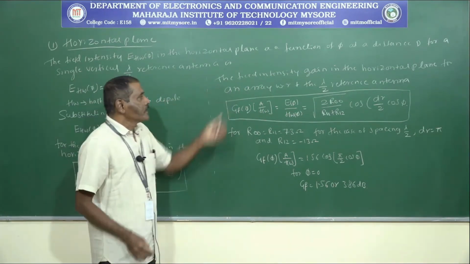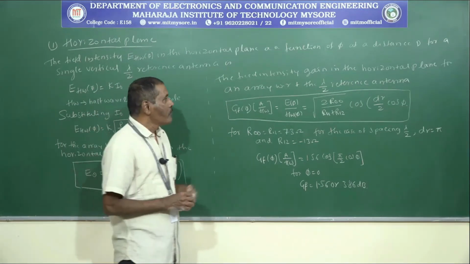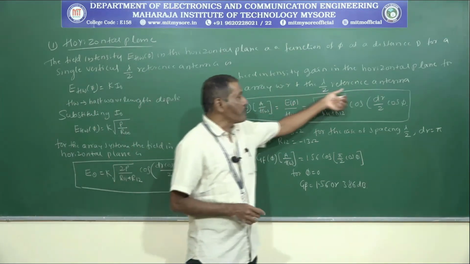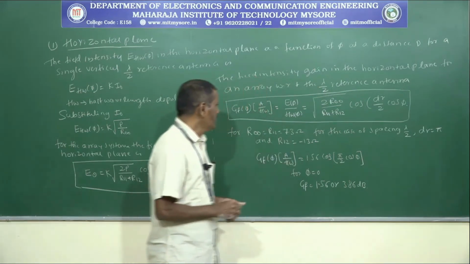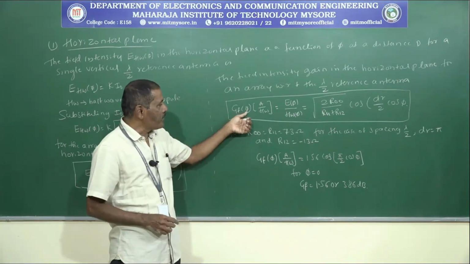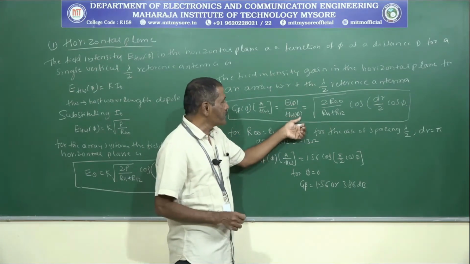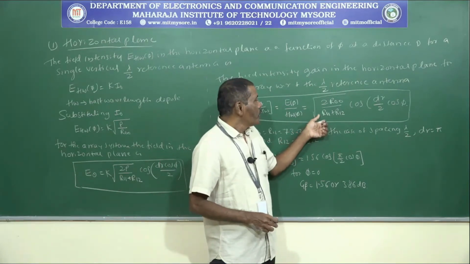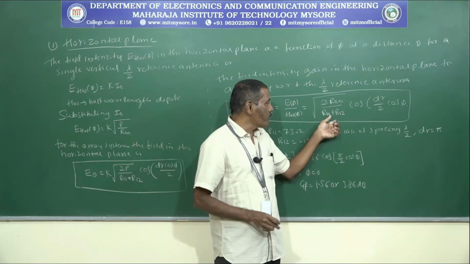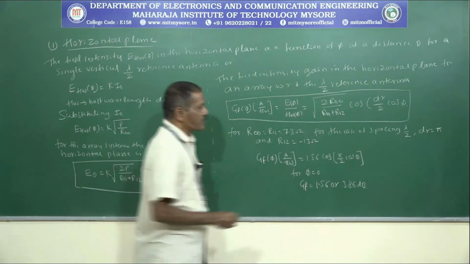Then the field intensity gain in the horizontal plane for an array with respect to the lambda by 2 reference antenna is calculated from the equation GF of phi equal to E of phi divided by EHW of phi. This is equal to root of 2R00 divided by (R11 plus R12) into cos of (dr by 2 cos of phi).